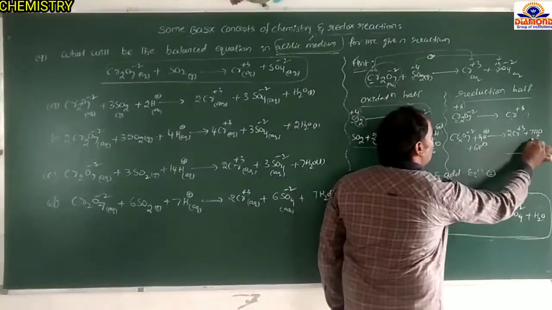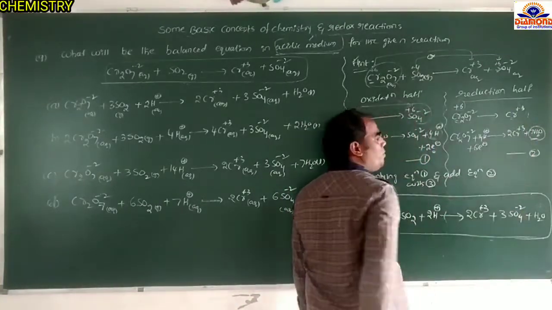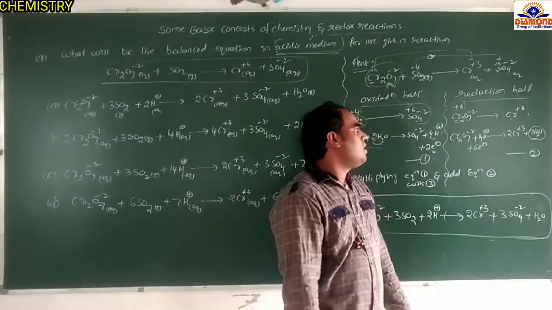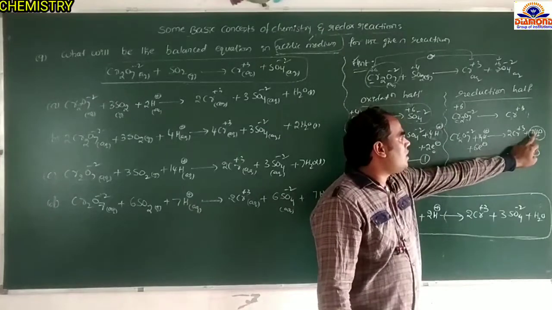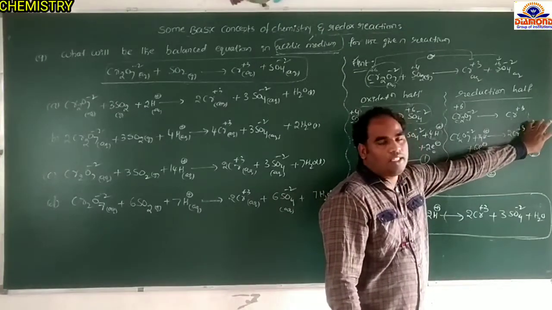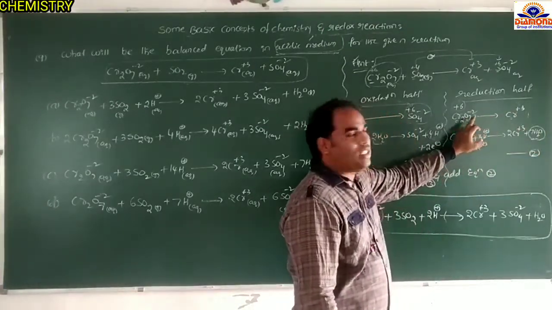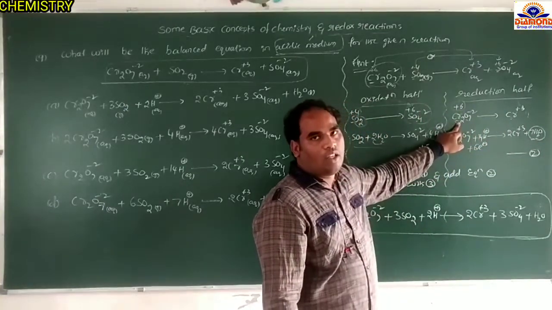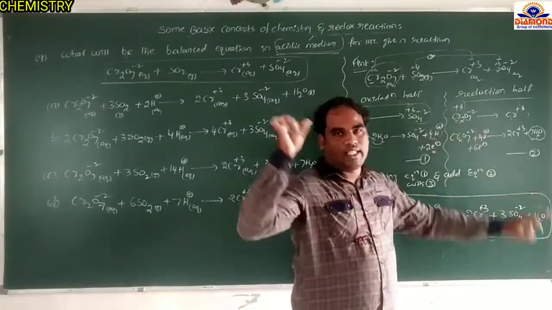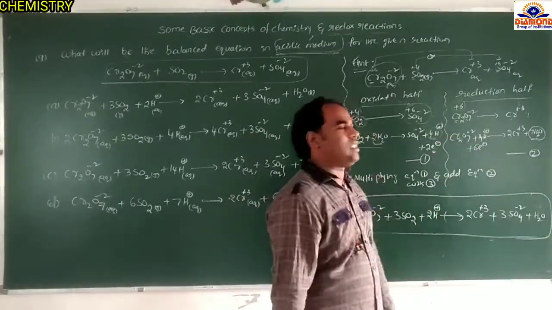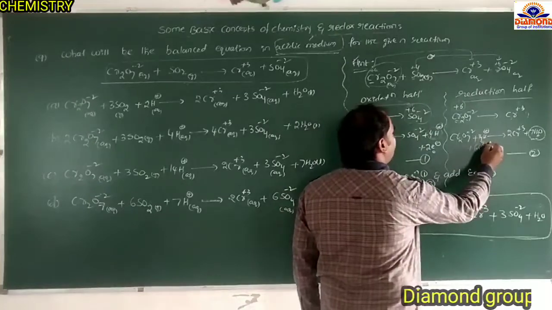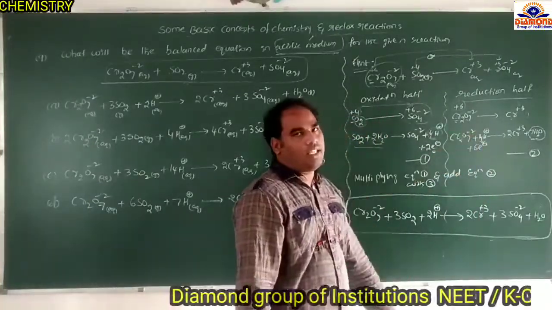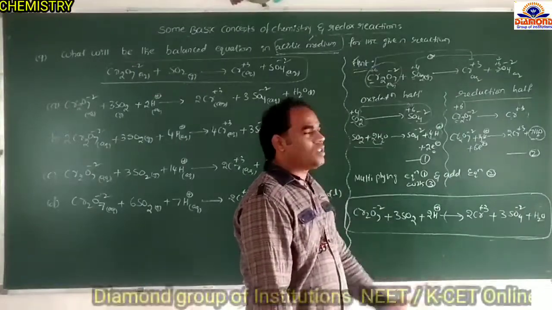Therefore, 7 H2O on that side, so oxygen atoms are balanced. Next, balancing hydrogen atoms. Here 7 times 2 gives 14 hydrogens present on that side, but there are no hydrogens on this side. Therefore, 14 hydrogens are required. To balance hydrogen in acidic medium, we add H plus, so 14 H plus are added. So oxygens are balanced with water and hydrogens with H plus ions.